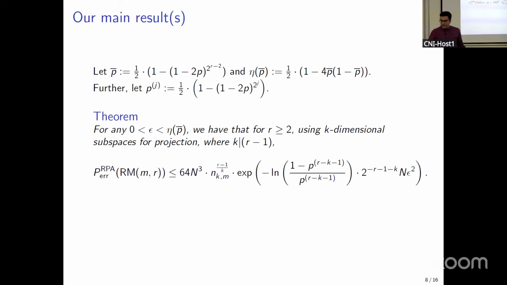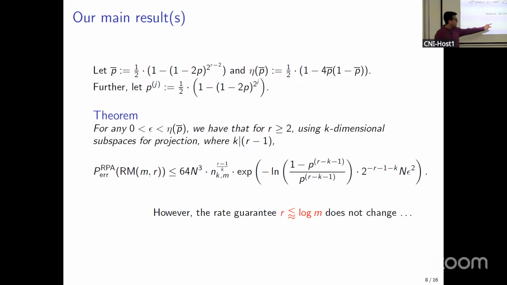Likewise, we have a similar result for the case when we do projections not using one-dimensional subspaces but using higher dimensional subspaces. We have a much more complicated looking result, but the flavor of the ideas is the same. We do the analysis in the exact same way, but it results in more complicated expressions.